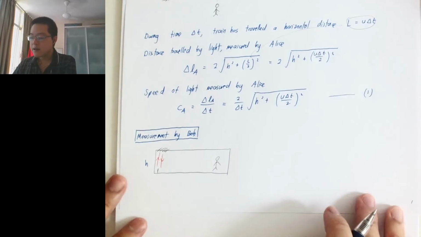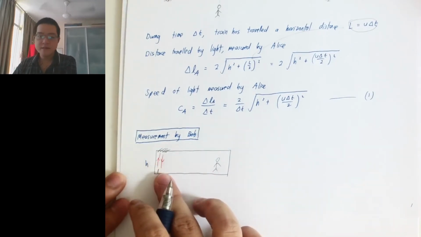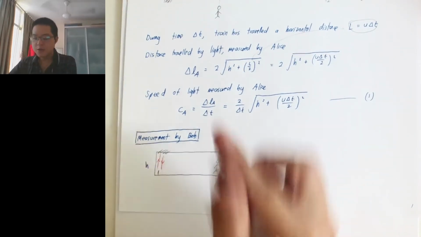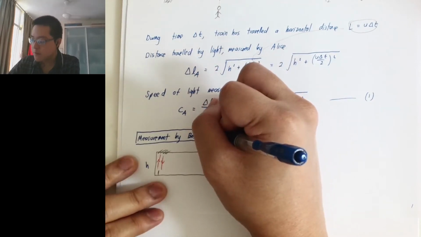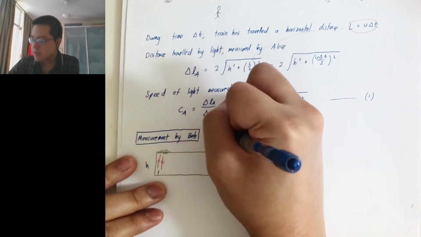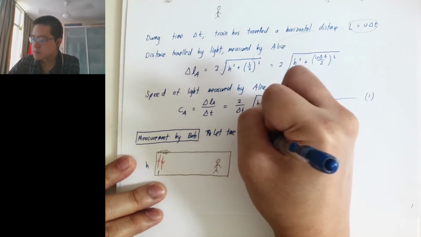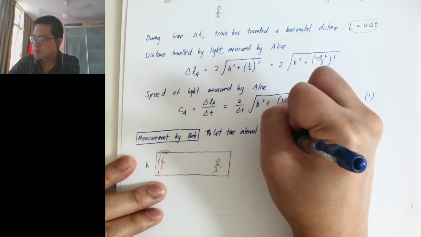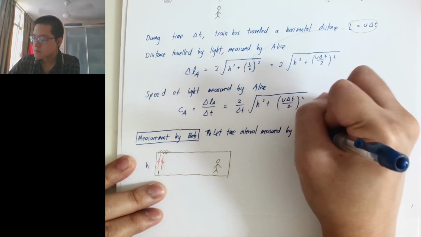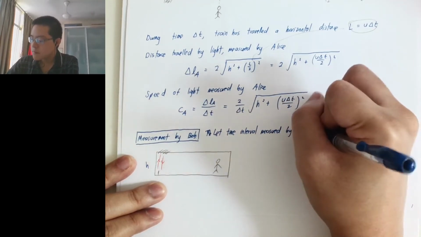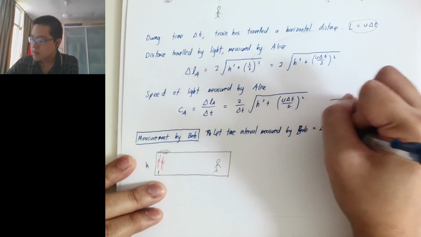So this is the distance traveled by the laser. Between the time going up and coming down, the time interval measured by Bob we let equal delta t0.